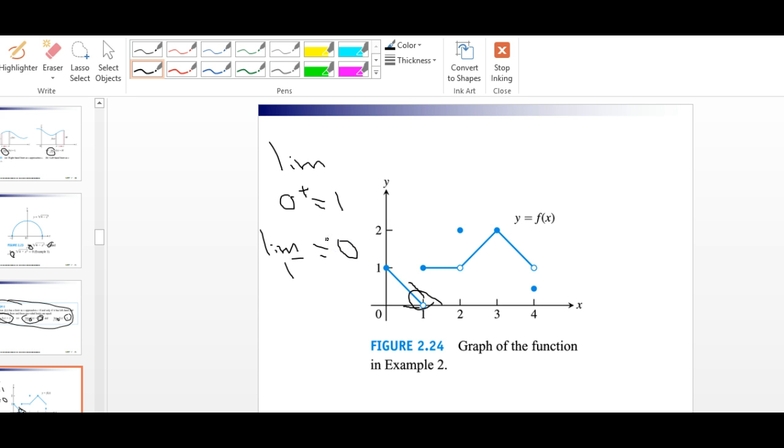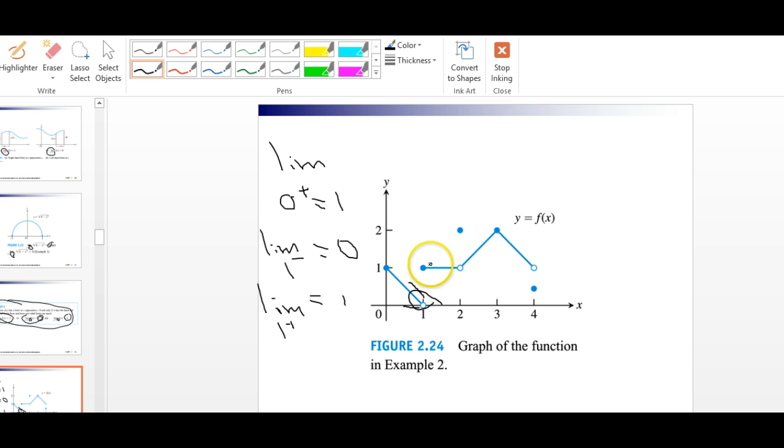Now let's look at what will happen if you are heading towards 1 from the right. Where is the function heading towards? It is heading towards 1. So from the left to 1, it's heading towards 0.